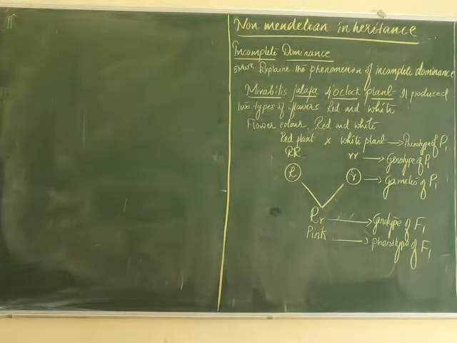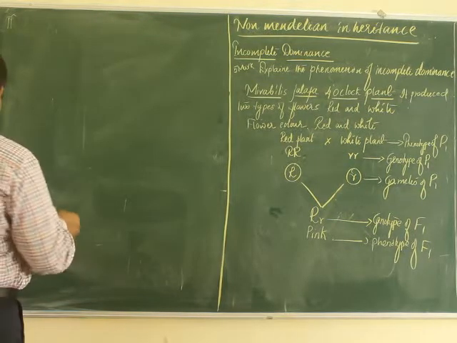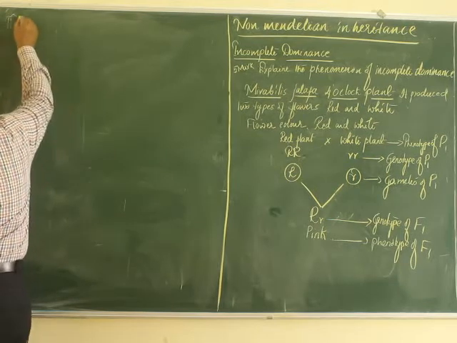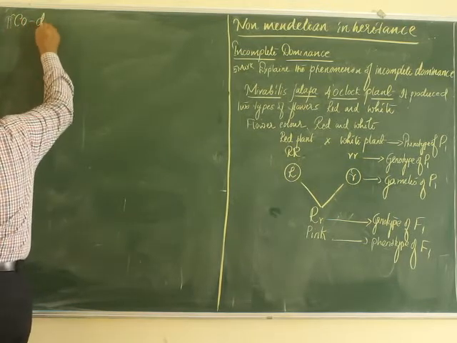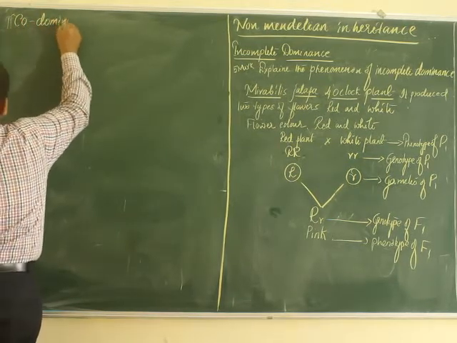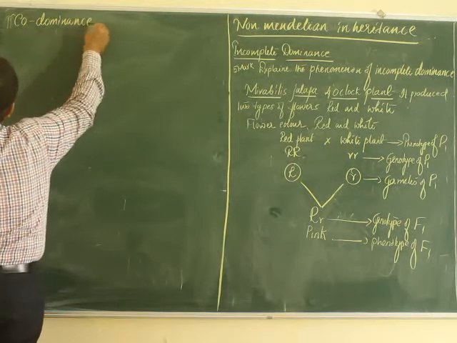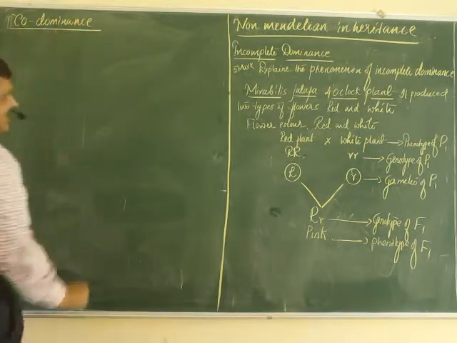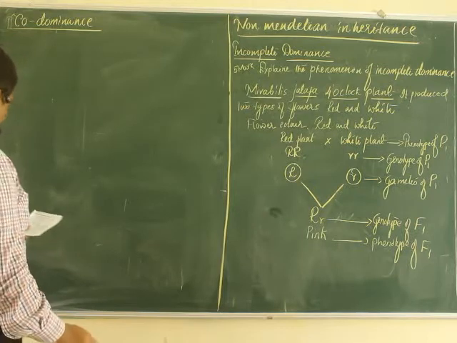They require the help of others to express, and individually they are not able to express the character. Such genes are called codominant genes, and the phenomenon is called codominance. Write the side heading: codominance.